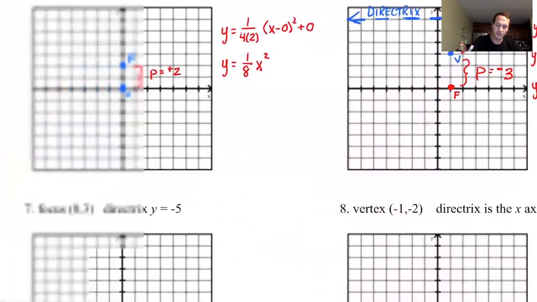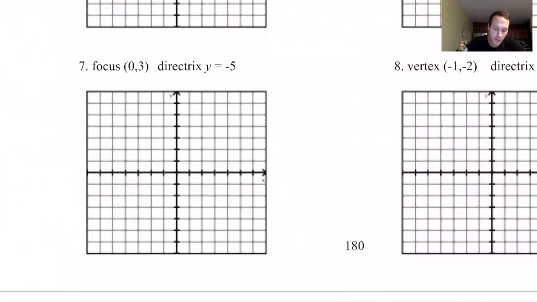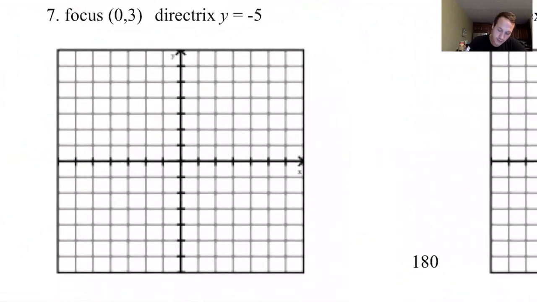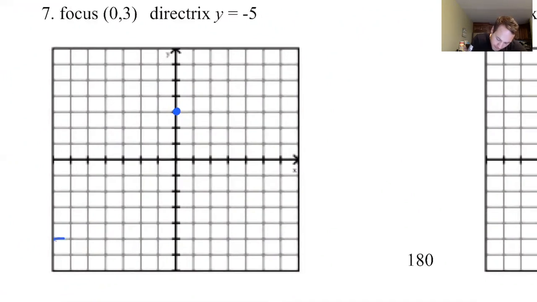Okay, let's keep going. Now this one, I only have the focus and the directrix. The focus is 0, 3. The directrix is y equals negative 5. This is why I mentioned it before: when you have to write your own, you need to be able to find your vertex sometimes.